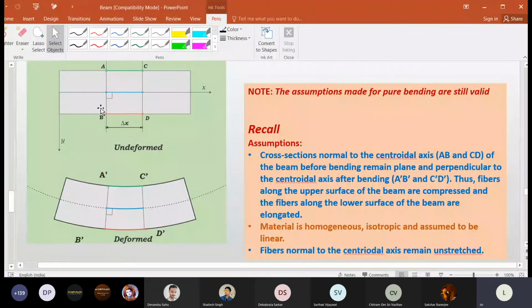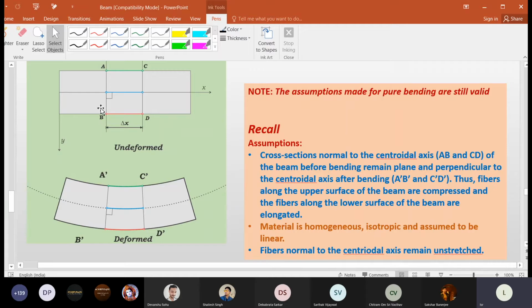They wanted to make the problem simple. Whenever we are given a physical problem like bending of a beam, what they want is a mathematical model for that.